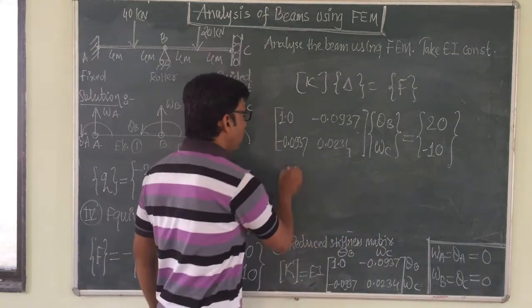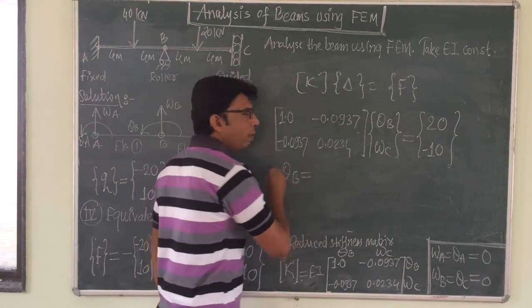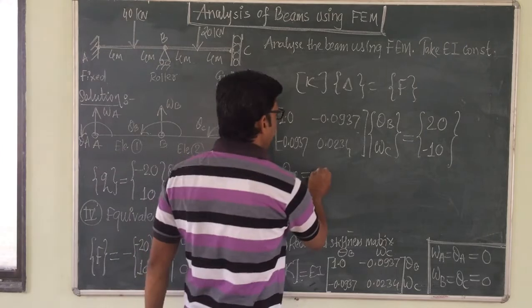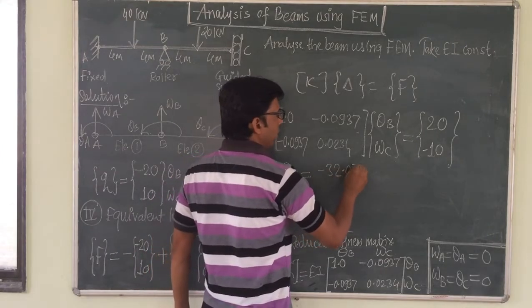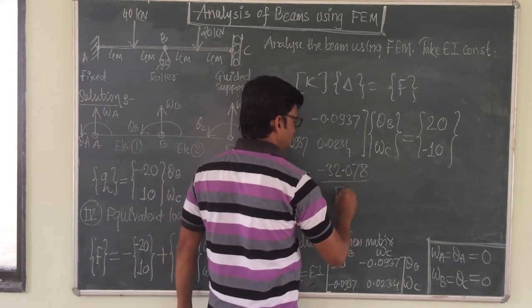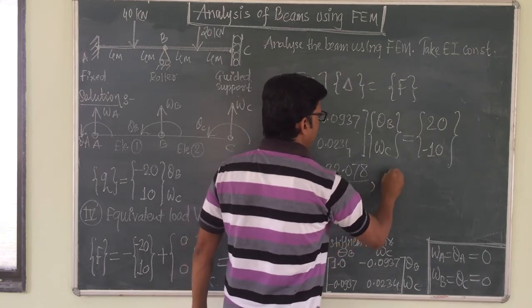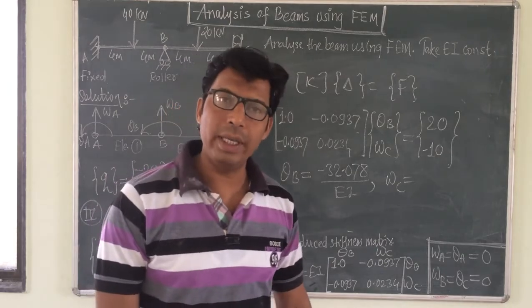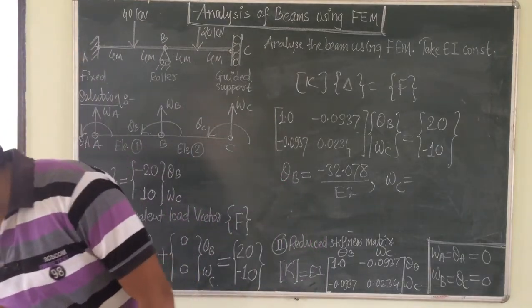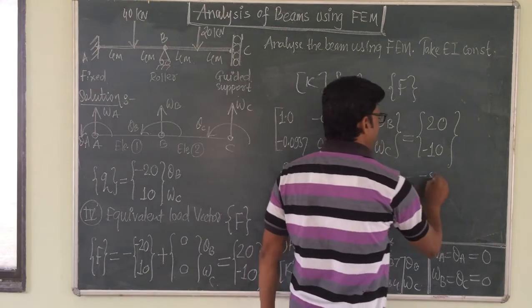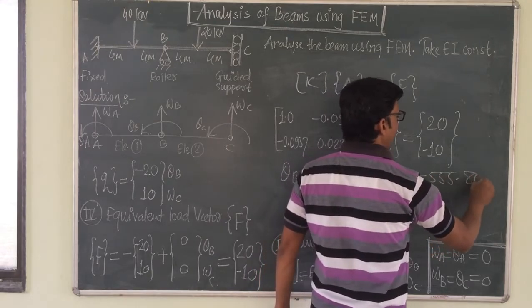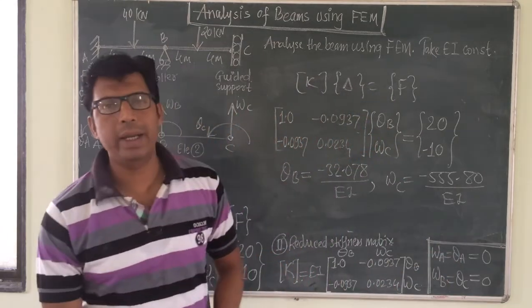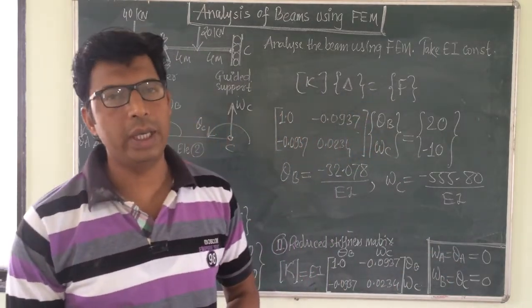So the final answer: theta B is equal to minus 32.078 upon EI, and WC is equal to minus 555.80 upon EI.